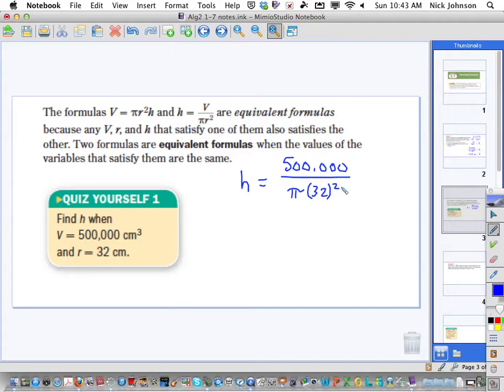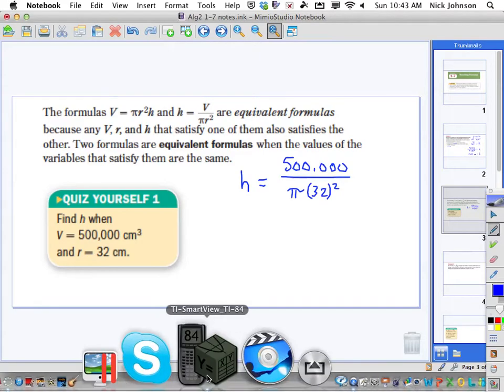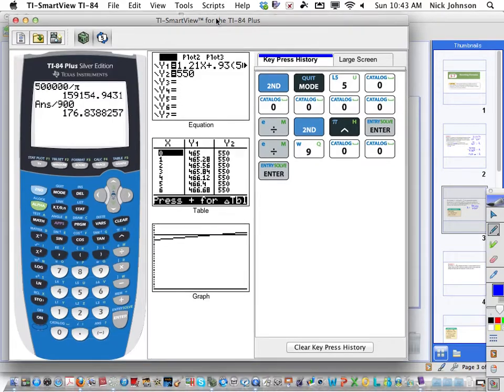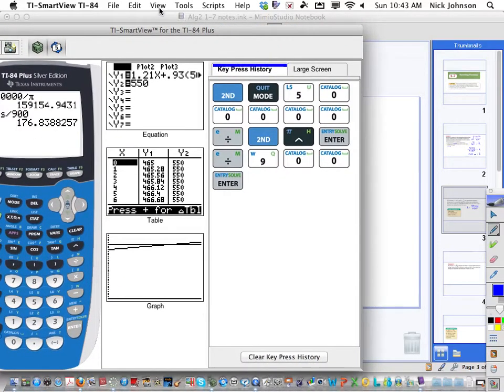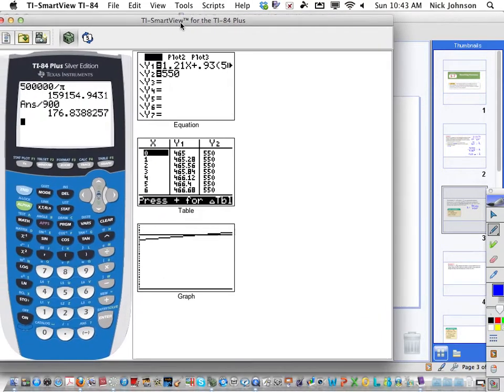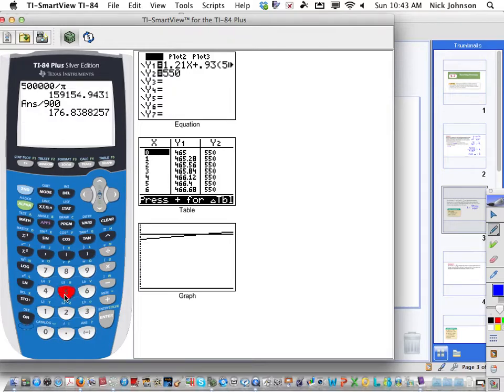So, I go to my calculator. And the reason why I knew 900 was because 30 squared is 900, all right? Many of you should know that as well. So, here I'm going to take 500,000 again. I'm going to divide it by pi again.